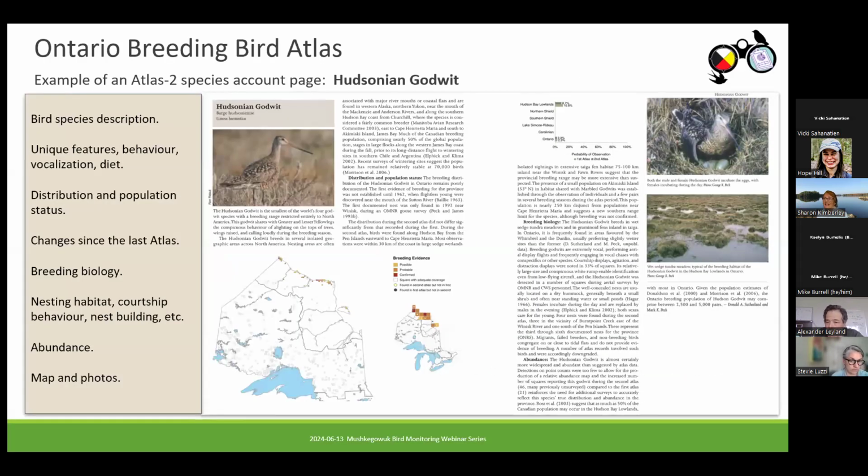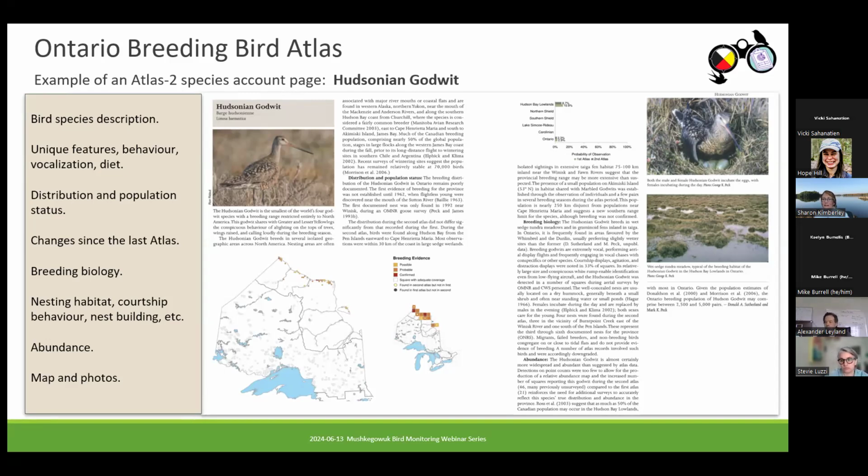And my last slide is a picture of the Hudsonian Godwit page in Atlas 2. And you can see the different things that Mike and Kaylin have been talking about that are included in the Atlas. A big part of our project is to ask the question and hopefully get some answers: how can Atlas 3 be useful for Indigenous people? What kind of information can be included?